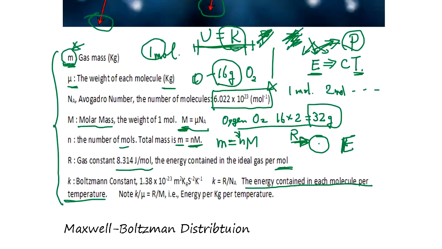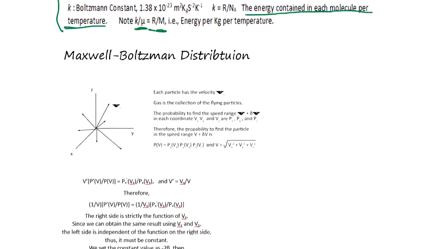So at a certain temperature, how much energy per molecule. This is a microworld constant, the Boltzmann constant. So k over mu is R over M. You look at the definition above. That's what Boltzmann's constant is.